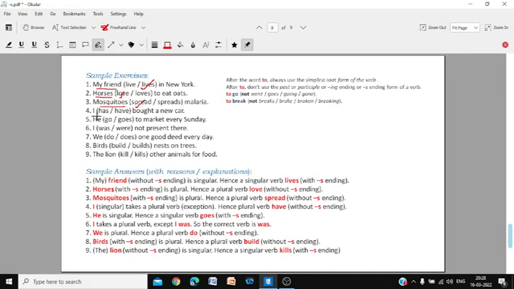I always takes have, not the S ending verb. He, singular. So we need a singular verb. So what we should do, we should take a verb which ends in a terminal S. Goes, he goes. So in this way, you can do all the exercises and check your answers with reasons and explanations here.